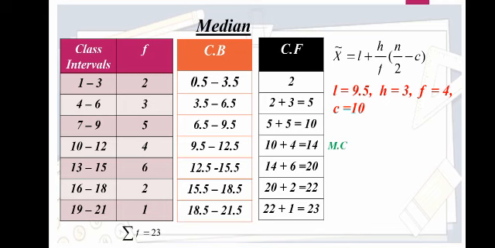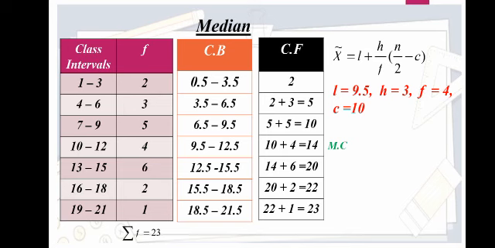F is the frequency of the median class. In the row of the median class, the frequency is 4, and C is the preceding cumulative frequency of the median class. Preceding means before that. So here the cumulative frequency is 14, but the preceding one is 10. So C is equal to 10.